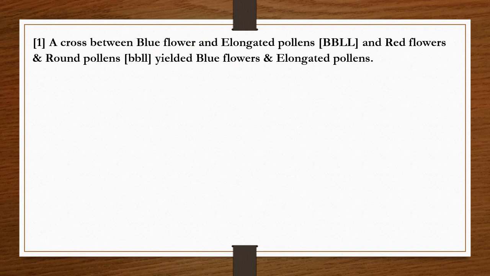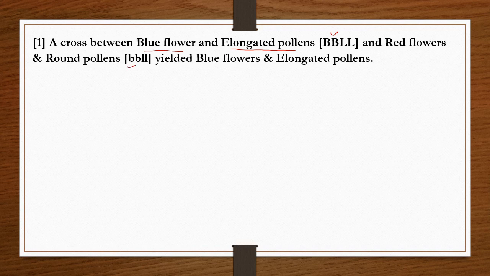So let us discuss a cross between blue flowers with elongated pollen and red flowers with round pollen. Blue flower elongated pollen grains are dominant, and red flower round pollen grains are recessive.